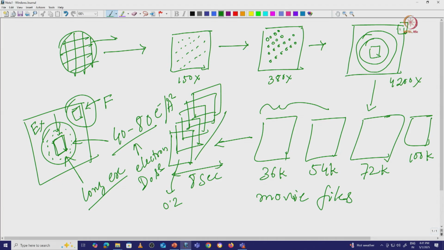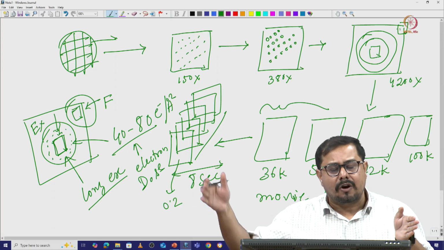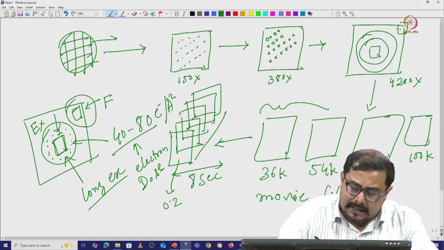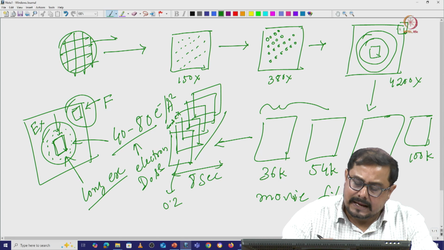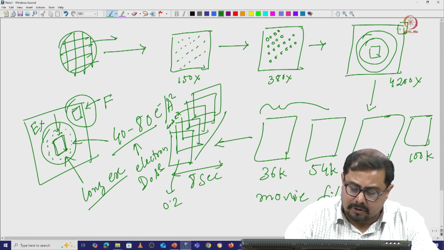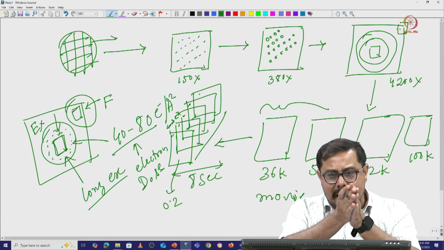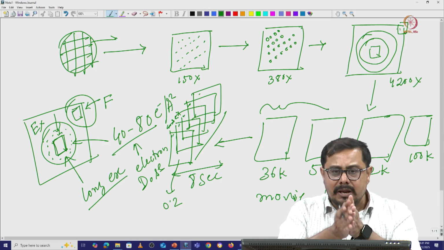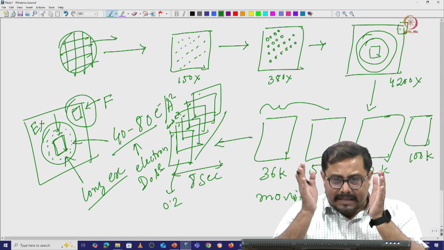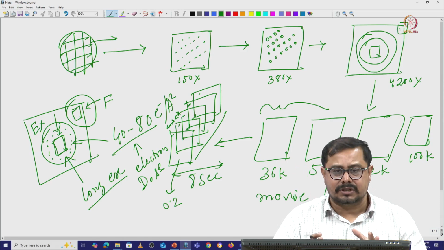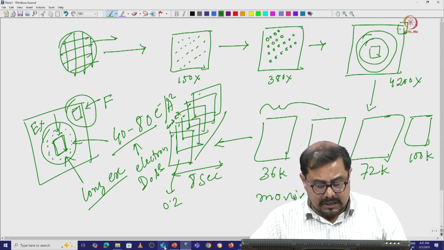Then what is happening, every 0.2 second exposure you have one image, and that is how you are collecting another 20 or 30 or 40 frames, and then you are recalculating what is the thermal drift or drift between the first frame to the second frame, or second frame with the third frame, or third with the fourth with the fifth, and then you are correcting their motion in between, and then you are trying to align those frames in such a way so that movement you cannot notice anymore, and then you are finally giving us an integrated image that we are going to use for our further study.